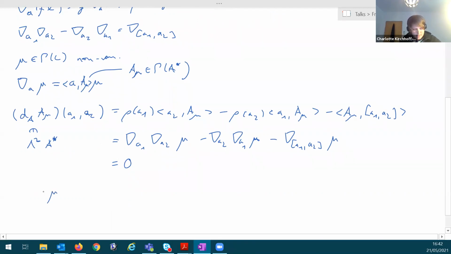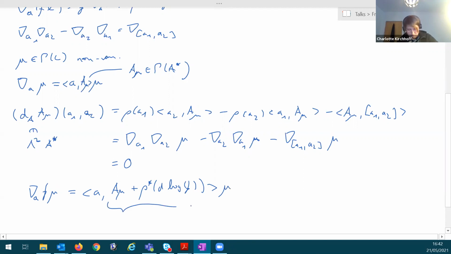So instead of mu, we could also have f mu, where f is some non-vanishing function, and then what we get is that this is the same as the original A mu plus rho star d log f.